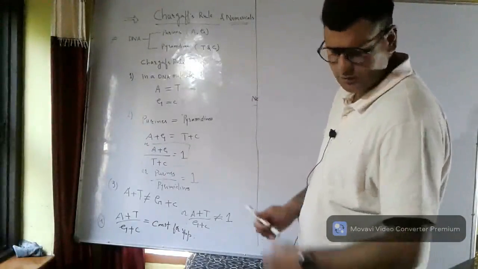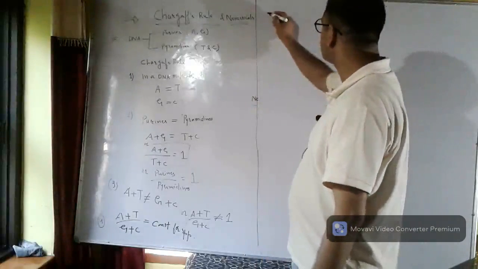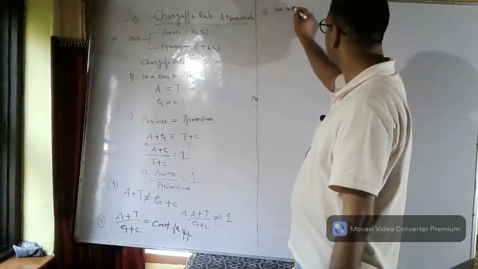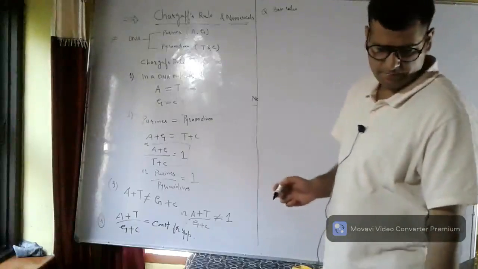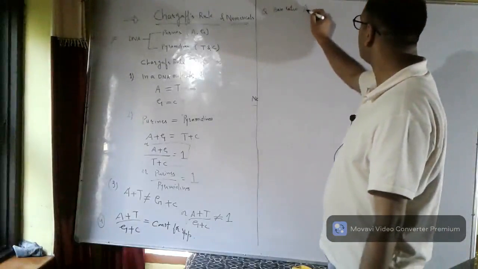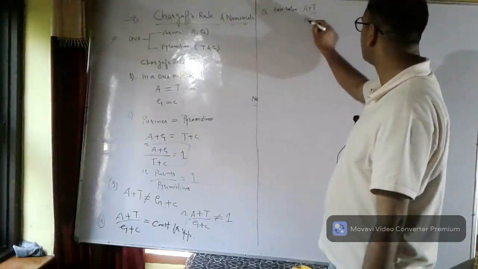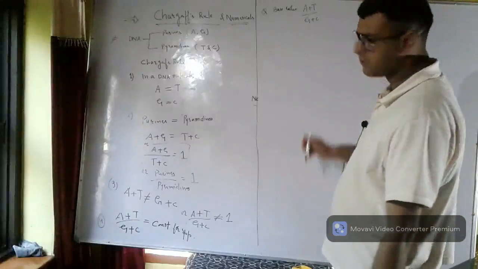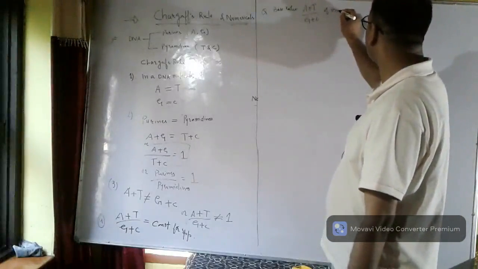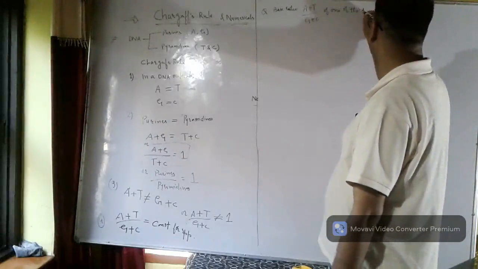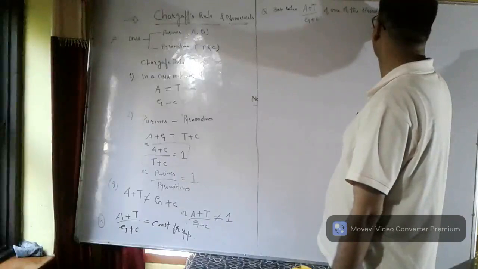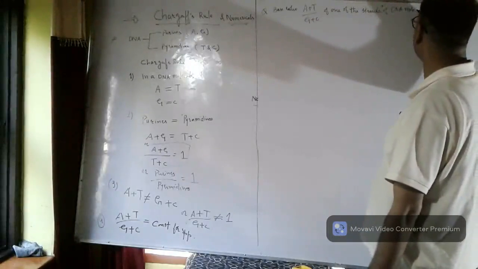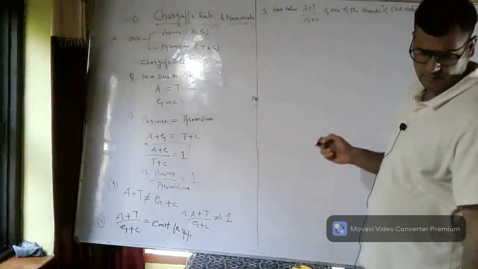Another question was asked. The base ratio, adenine plus thymine by guanine plus cytosine, of one of the strands of a DNA molecule is 0.2.